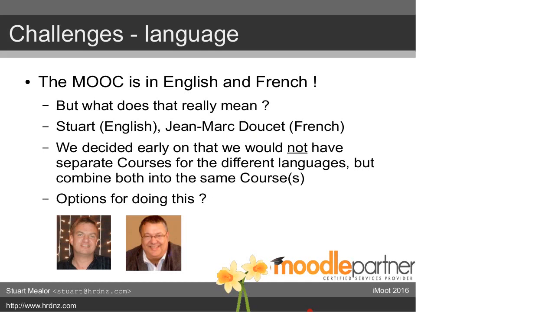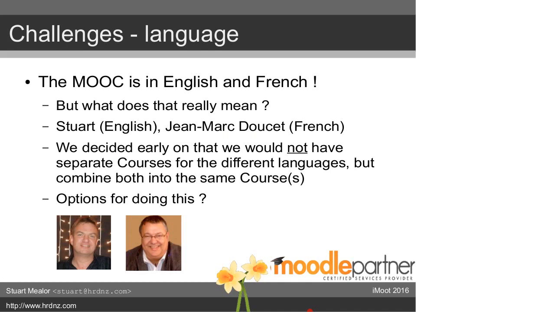But we decided early on that we didn't want completely separate courses for the two different languages. We felt that if we could keep these two separate groups of people together, then, for example, in a forum, people that were predominantly speaking French could still switch to the English forum and get involved, and at least read, maybe answer, maybe ask questions.